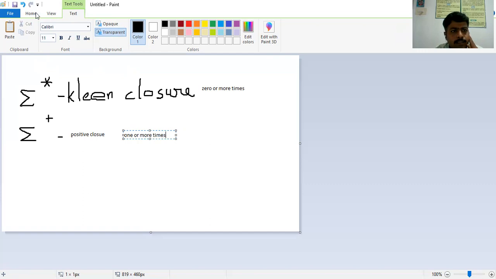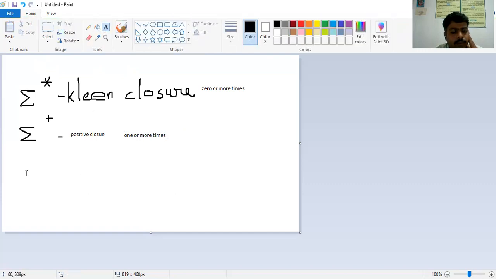Let us consider an example of my alphabet, that is Kleene closure, equal to {0, 1}. According to the statement, I want to say what are all the strings I can generate for this given alphabet.